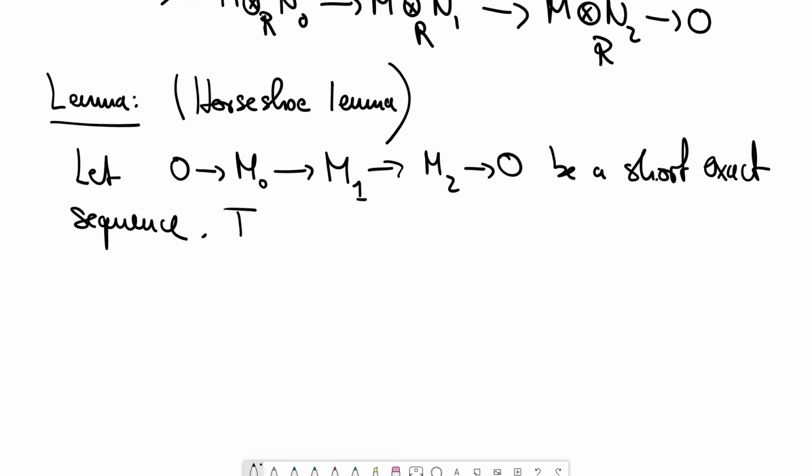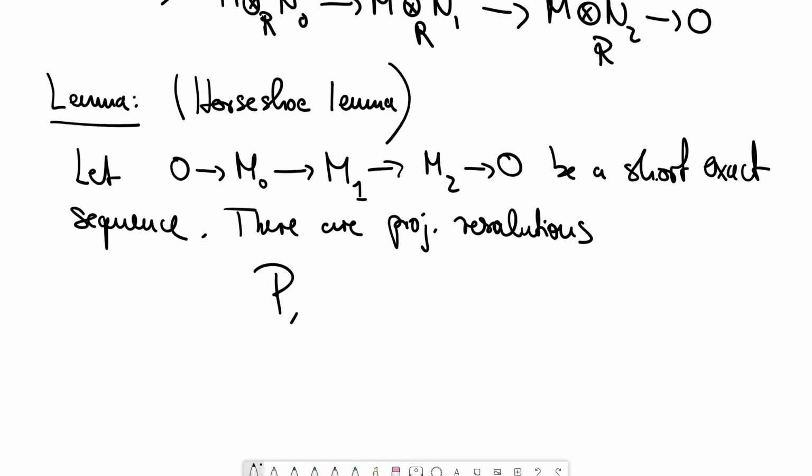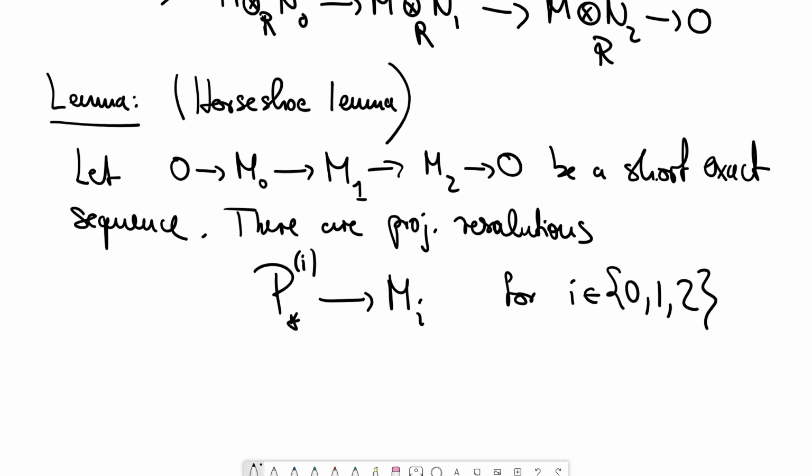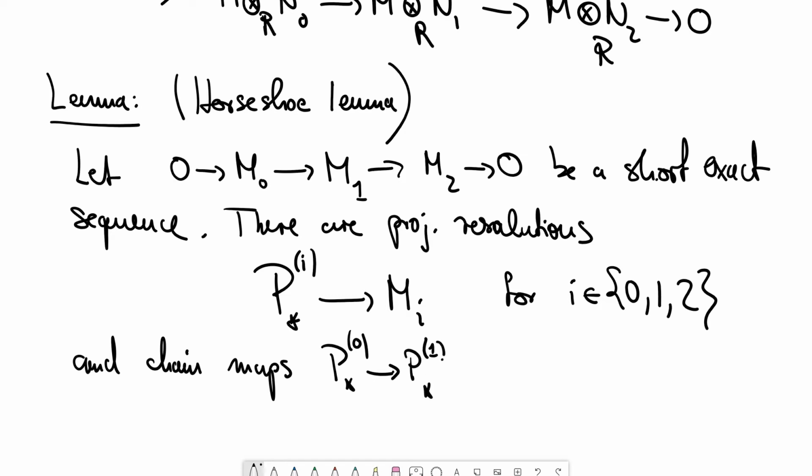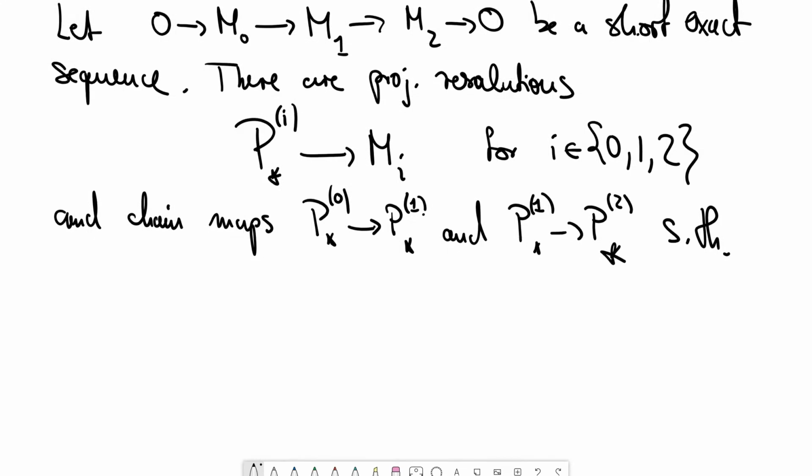The statement is that there are projective resolutions P star i to Mi, and chain maps from P star 0 to P star 1, such that if you put everything together, you get a commutative diagram.